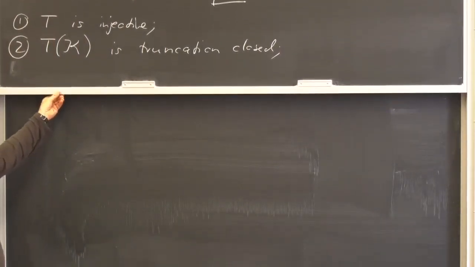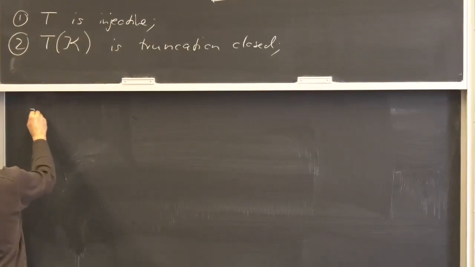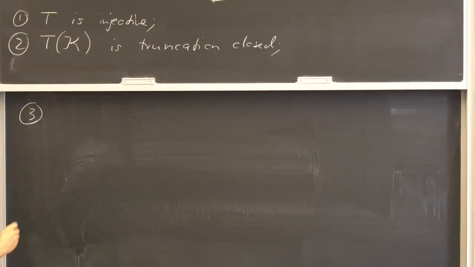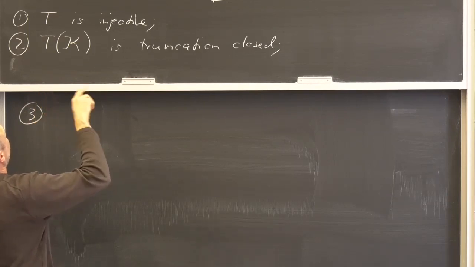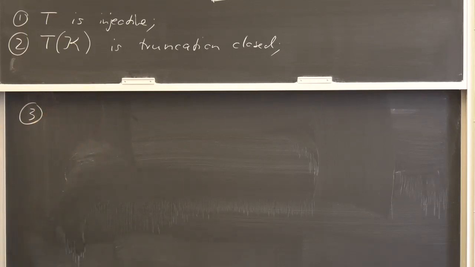With these two things in place, I can now say what I mean by asymptotic expansion: that T of F is the asymptotic expansion of F in the following sense.